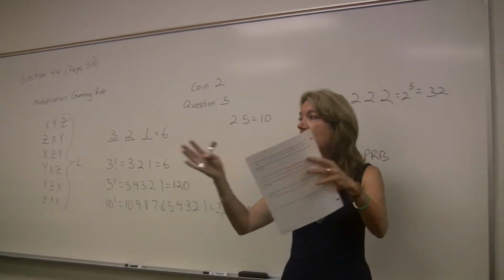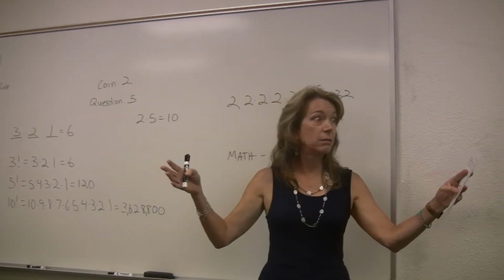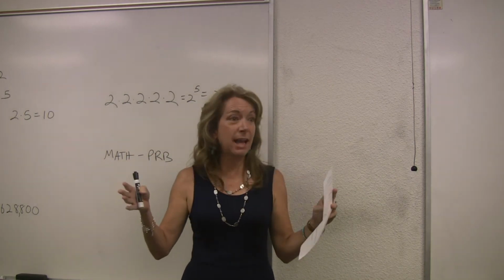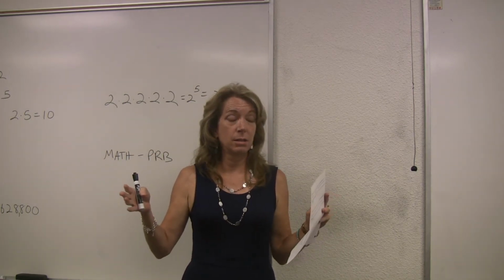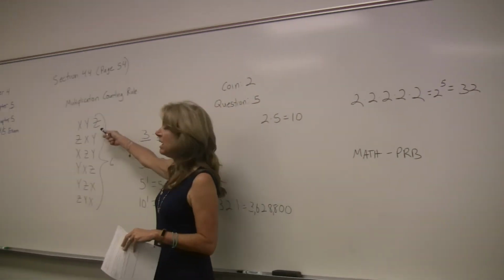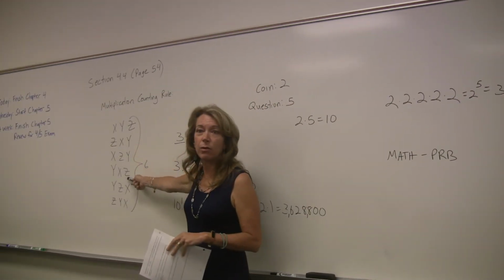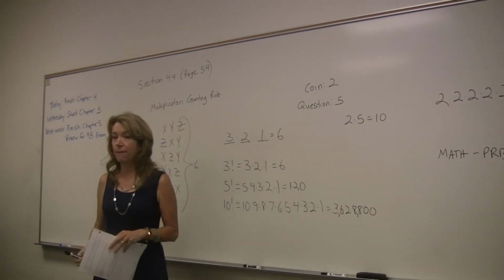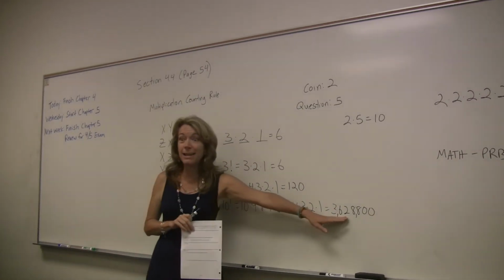So if I had 10 letters, like A through J, and I asked you, how many different ways could we rearrange these 10 letters? How many of these would you come up with if you were rearranging the letters A through J? This number, right?